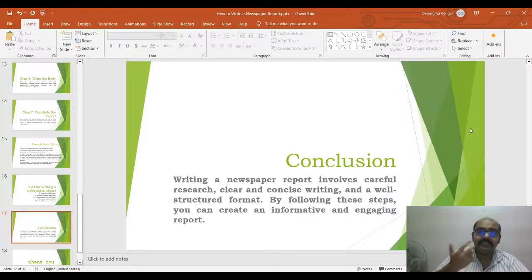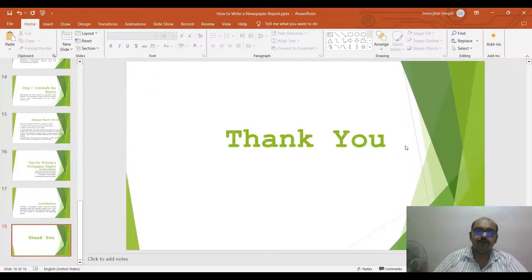That way you get a clear cut idea on what you're trying to do. Because without practice, writing a proper newspaper report is next to impossible. So these are certain suggestions from my end, and that is how, my dear friends, you write a proper newspaper report. So we will stop here with this small discussion that we had.